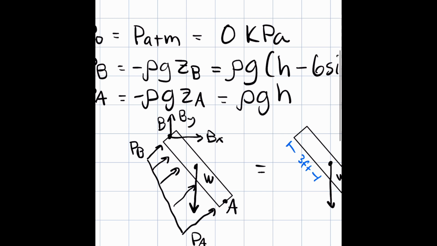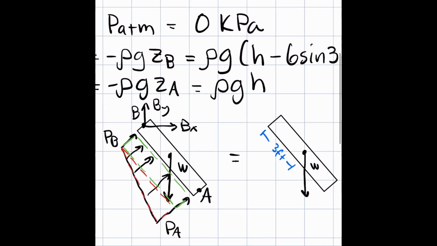So the way we're going to do that is we're going to take this triangular section of the distributed load right here, and we'll treat that as one load, and we're going to take the rectangular section down here and treat that as another separate distributed load, because rectangles and triangles are distributed loads that we can very easily locate the centroid of, whereas with the trapezoid, we're not 100% sure where that might be located. There are some formulas we could use, but we're going to try and solve this by breaking it down into parts instead.